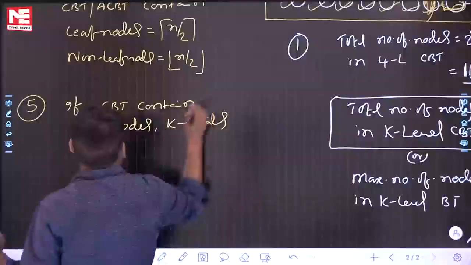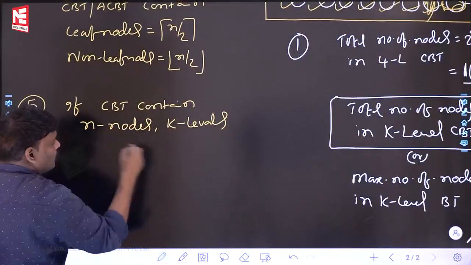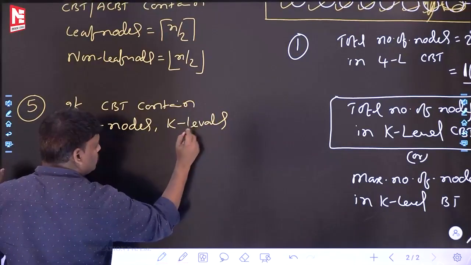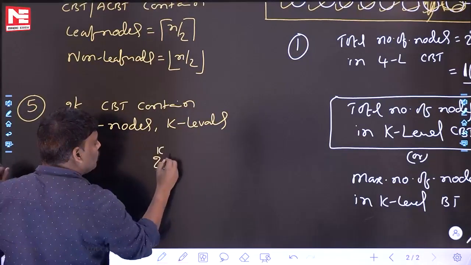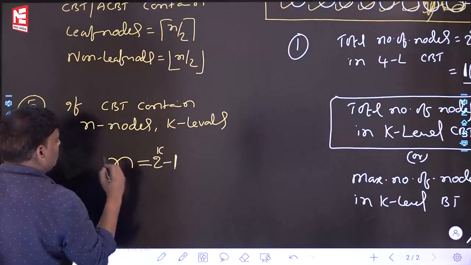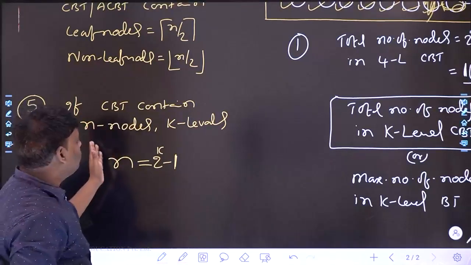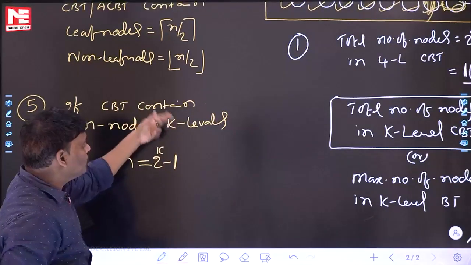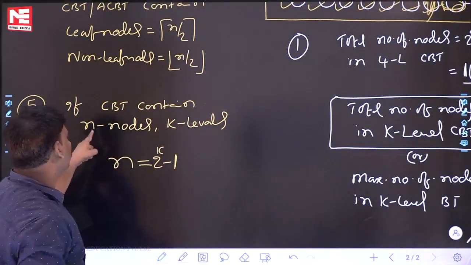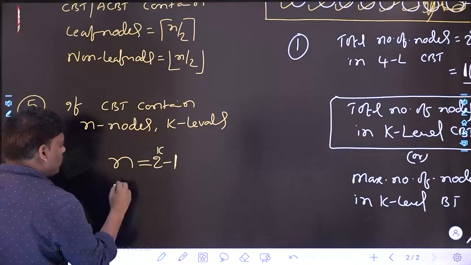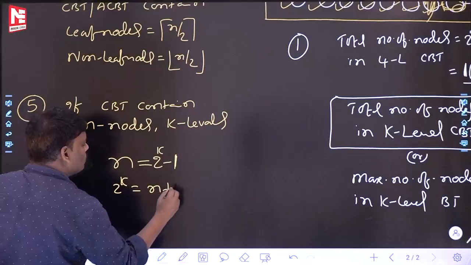If a complete binary tree contains n nodes and k levels, can you say what is the relation between them? If the complete binary tree contains k levels, how many total nodes? 2 power k minus 1, which is equal to n. Then find out the k value. 2 power k is equal to n plus 1.